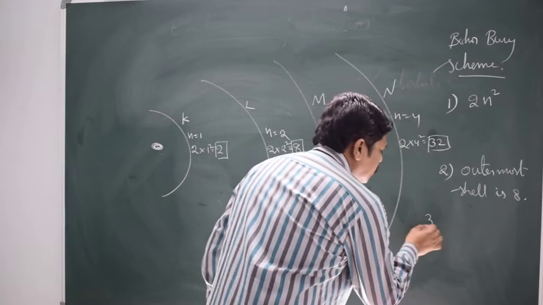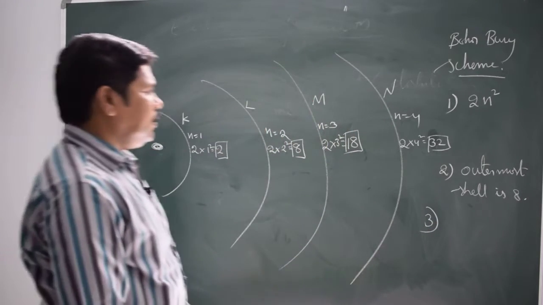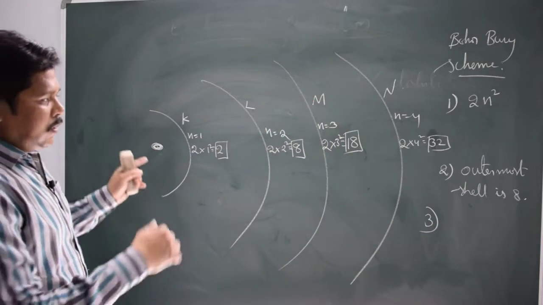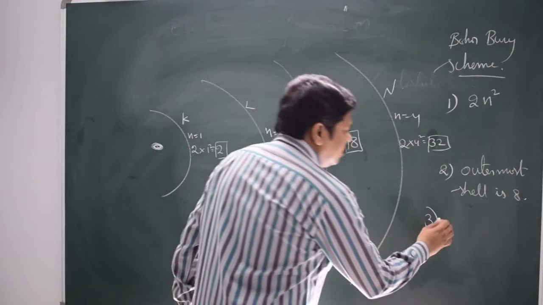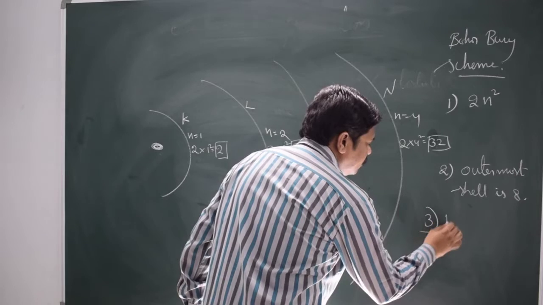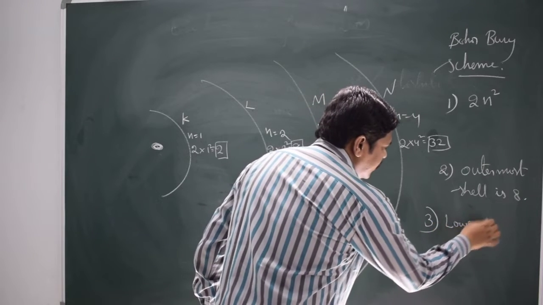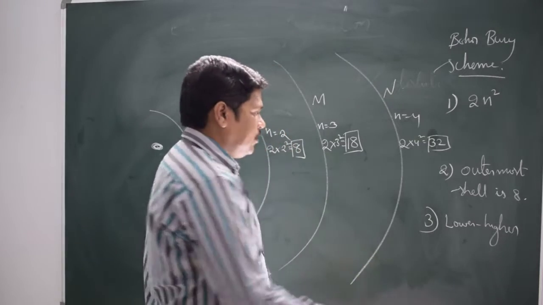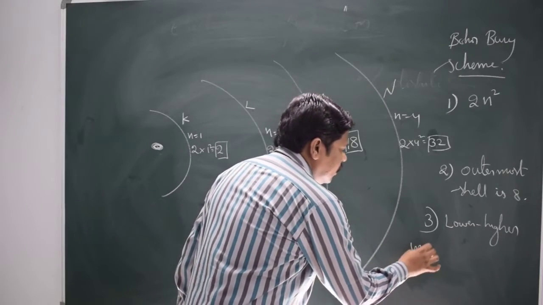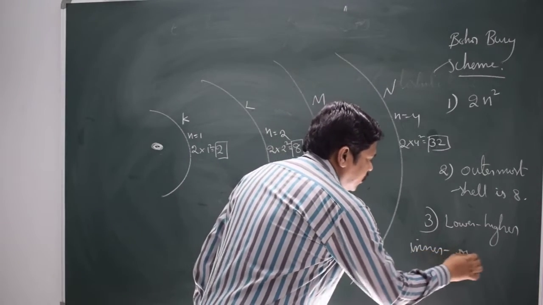And we'll go for the third rule. In the third rule, it is like a sequence. Energy levels will fill from lower to higher, or inner shell to outer shell.